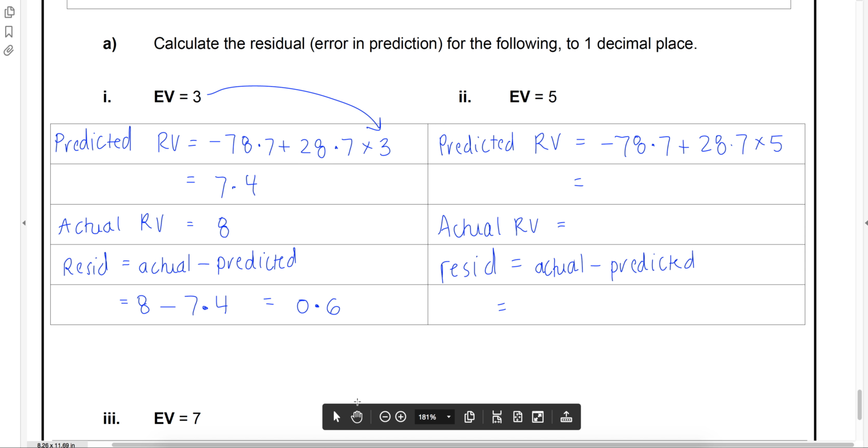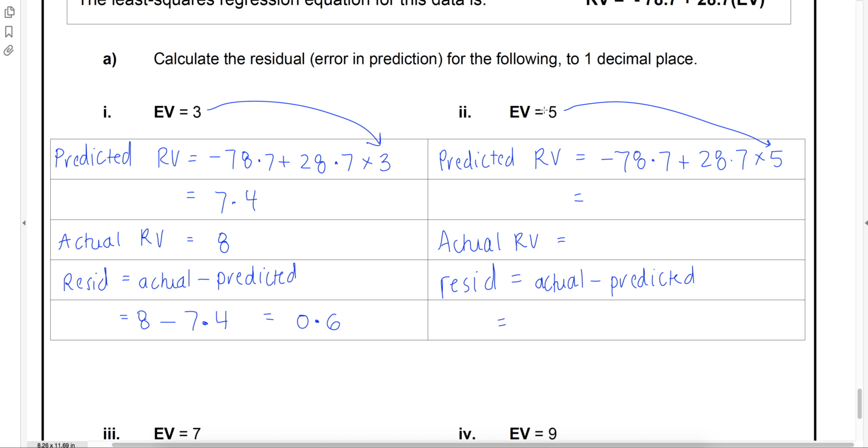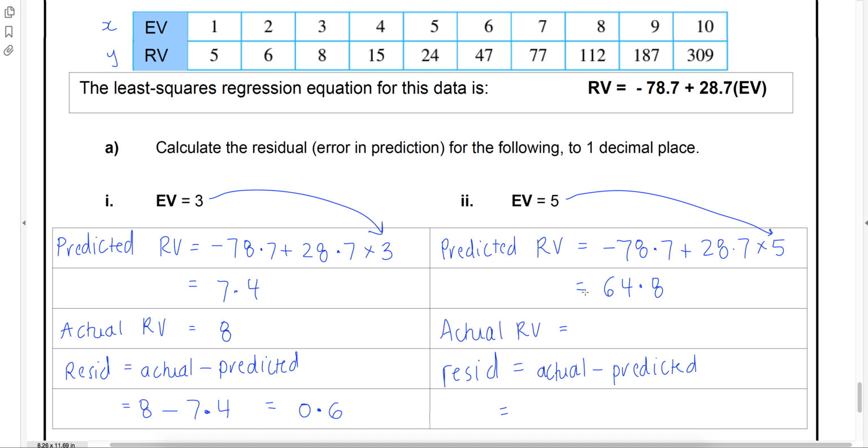Let's do it again, but with a different EV. This time the EV is 5. To get my predicted, I put it into my equation. Doing it on my calculator, negative 78.7 plus 28.7 by 5, I got 64.8. I'm not going to round that off, just leave as is. Let's have a look what the actual value was.